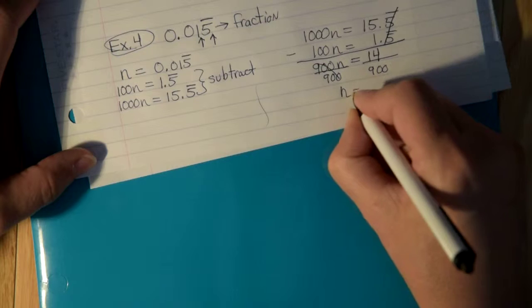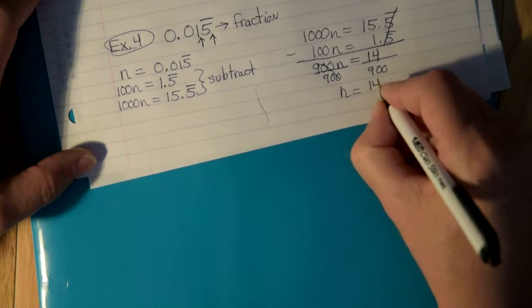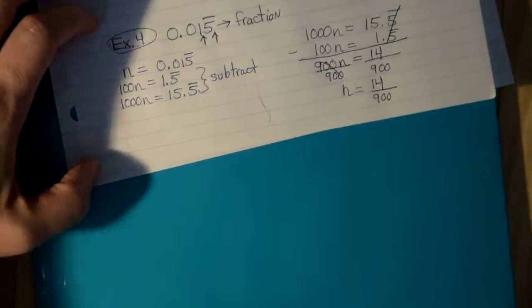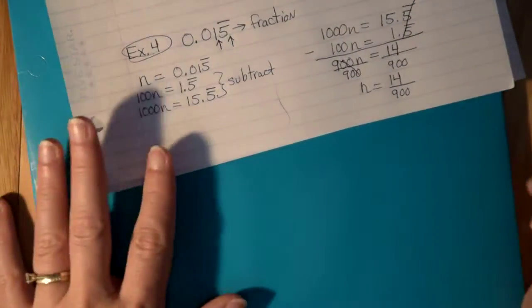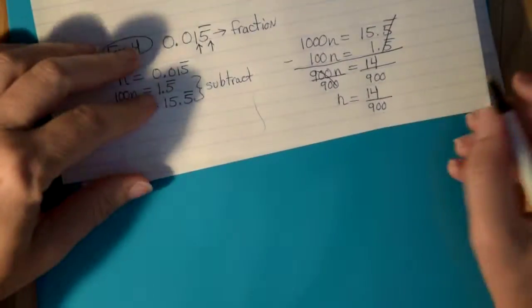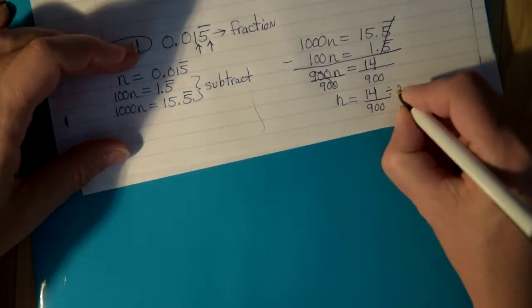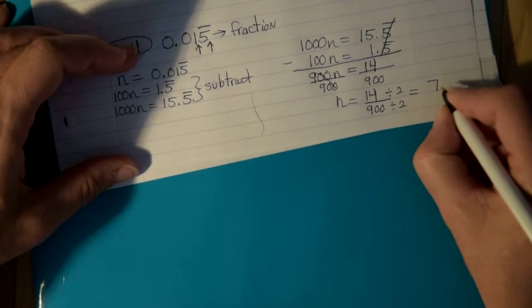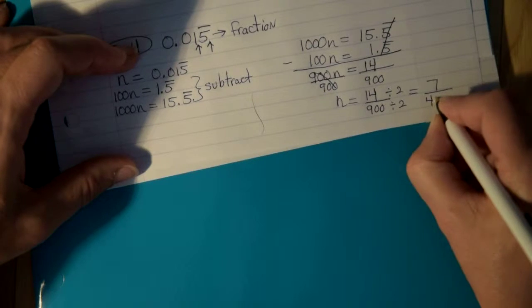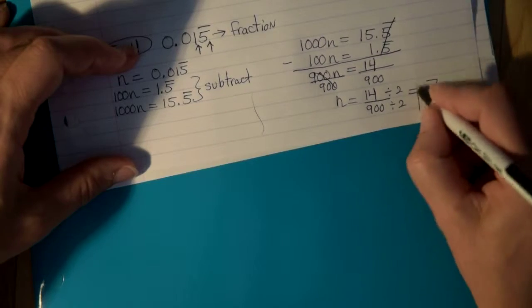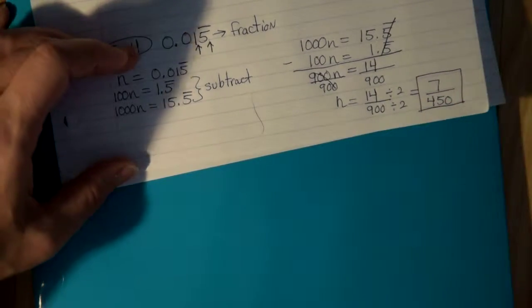And I get n equals 14 over 900. Now, that's not the end though, because that can be reduced. They're both even, so I can divide both by 2. Divide by 2, divide by 2. And I should get 7 over 450. And that doesn't go any farther, so that is your fraction.